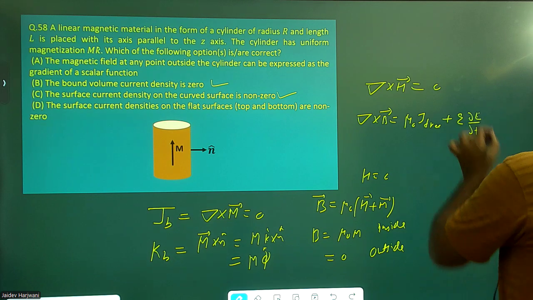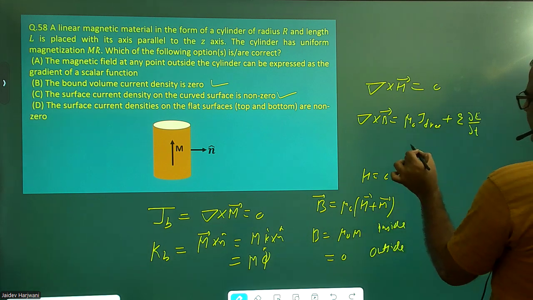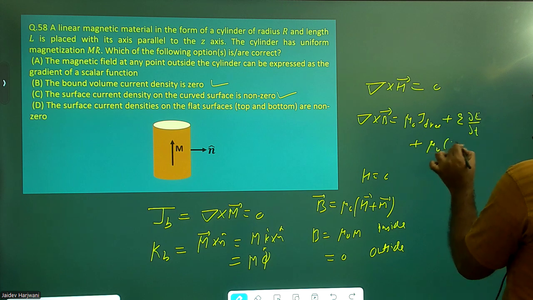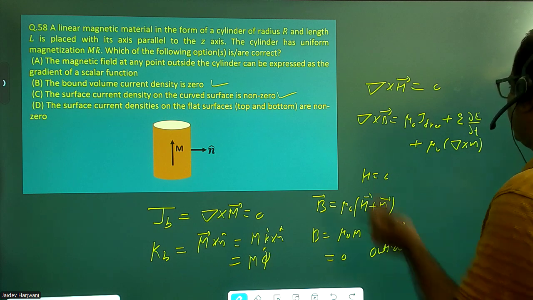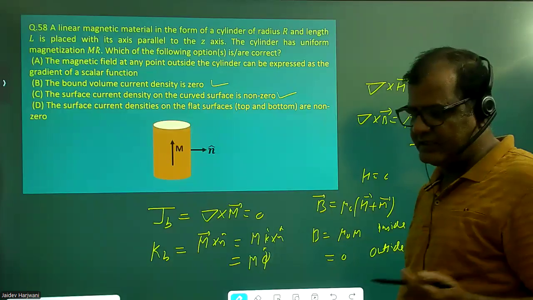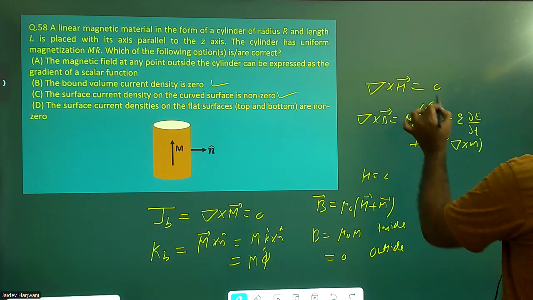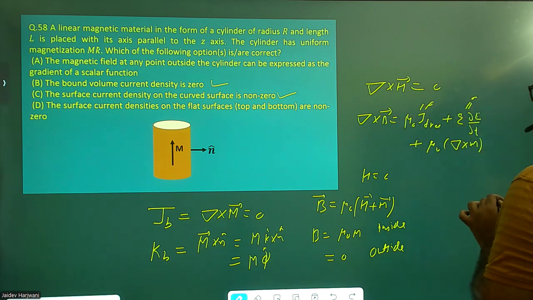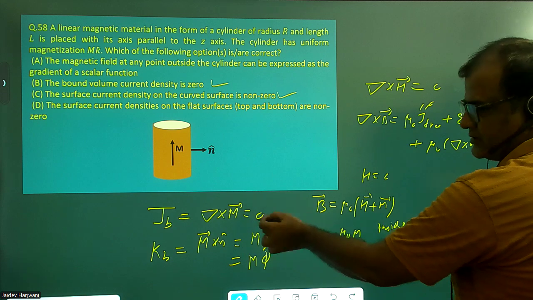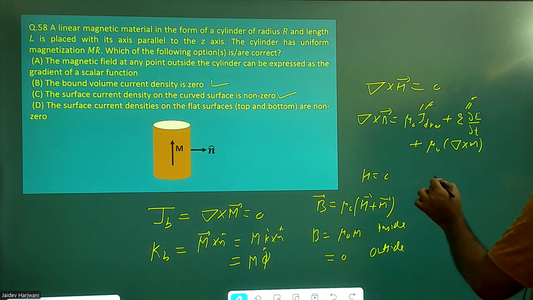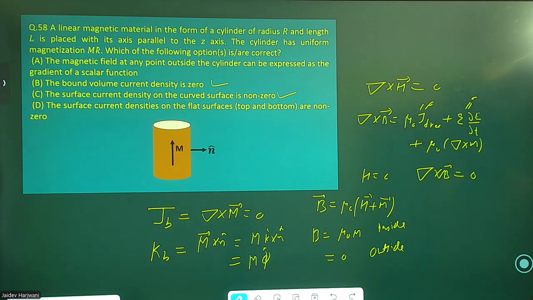Now if there is a magnetization, you can also add one more term, mu 0 del cross M. Outside the cylinder, or even inside, J free is 0, the time varying field is not there, and del cross M is already 0 because there's no variation in the field. So del cross B is 0.